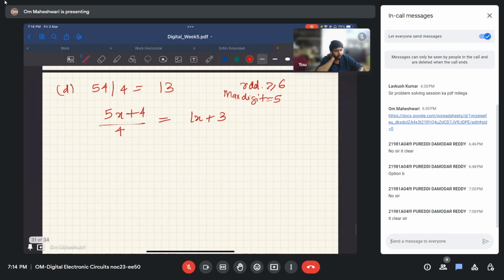Now it's verified with the equation. If 5x plus 4 equals 4x plus 12, x equals 8, right? So by seeing the digits we found the radix was greater than or equal to 6, and by solving the equation we found that it is exactly 8. So the answer is 8.